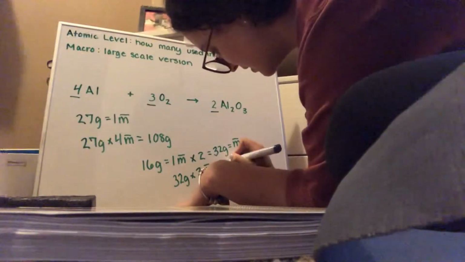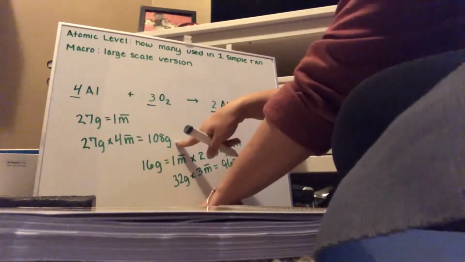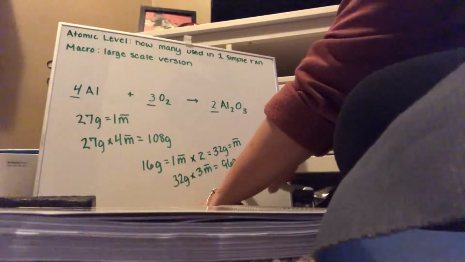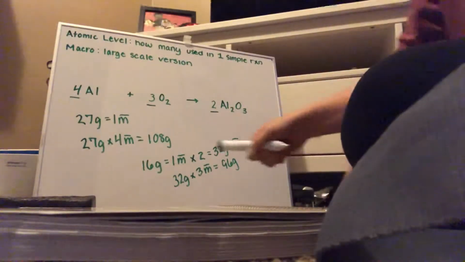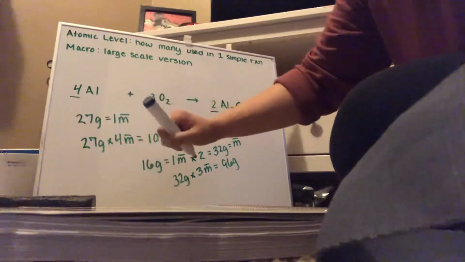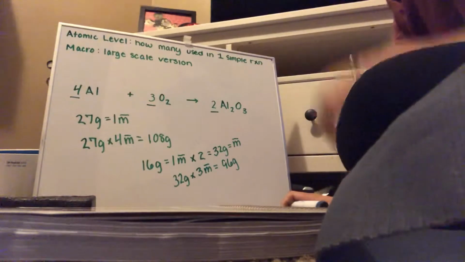Perfect. 96 grams. So you've got 108 grams for your aluminum and 96 grams for your O2, and that represents the 4 aluminum atoms and the 3 O2 molecules.